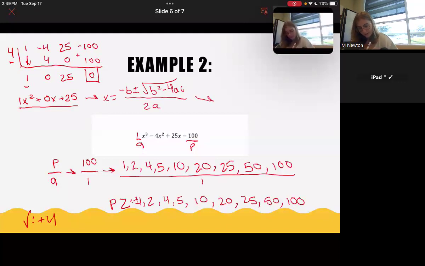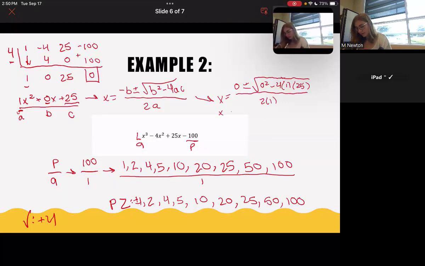If 1 is my a, 0 is my b, and 25 is my c, I'm just going to take each of my numbers and put it in the placeholder variable. So x equals -0, or just 0, plus or minus the square root of b squared, which again is just 0, minus 4 times a, which is 1, times c, which is 25, all over 2 times a, which is 1.